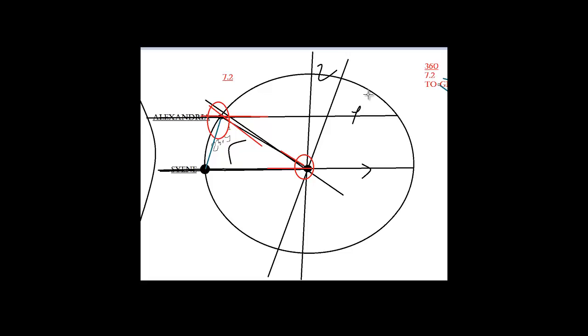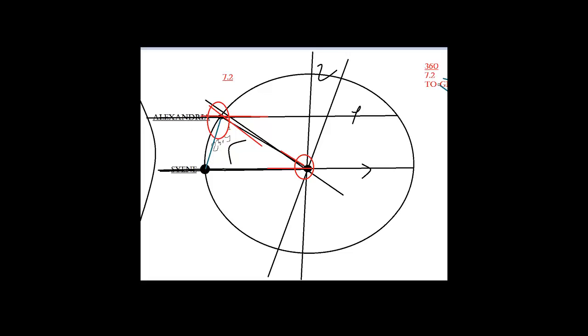So let's just recap what he did, just for clarity, just to make sure you guys know what's going on. So he planted a pole right here in Alexandria, pointing straight up, planted a pole in Syene, planted straight up, obviously not that far.